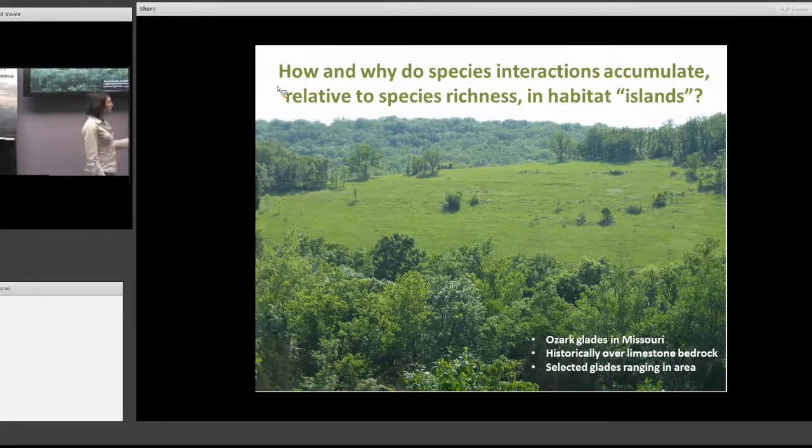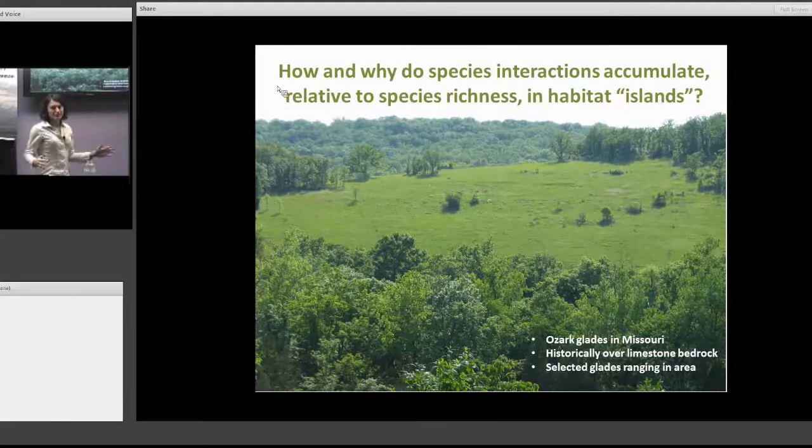And historically, these glades were present over really large areas of limestone bedrock, but because of fire suppression and trees invading, they've become much smaller in size. So we were able to select glades that ranged in area from maybe twice the size of this room to about a dozen foot.